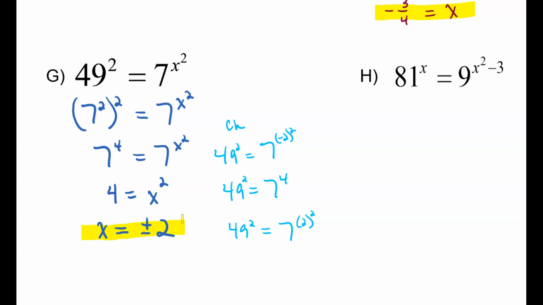If you take the cube root of, say, 8, it has to be positive 2, because it's 2 times 2 times 2. That's the only way to get a positive 8. But if you had negative 8, it would be negative 2, because that would have to come from negative 2 times negative 2 times negative 2. So those are with the odd ones. But with the even ones, anytime you're solving for the x and you're starting with an x squared, you have to consider both the positive and the negative.